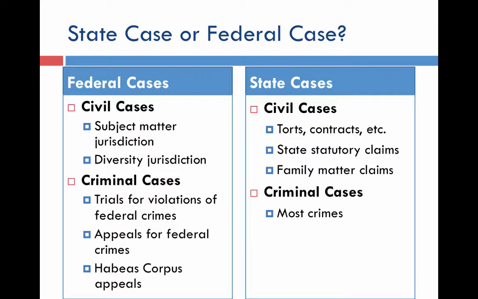But habeas corpus appeals can happen in federal court, which may be based off of state criminal matters. Habeas corpus cases are cases in which people are challenging the way in which they're being held, usually in prison, but sometimes can involve potential death penalty as well.